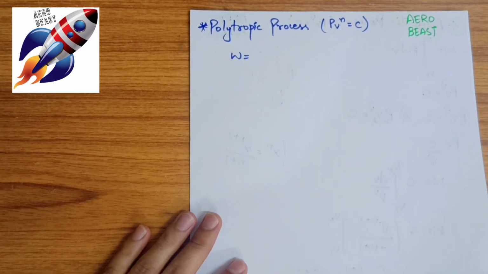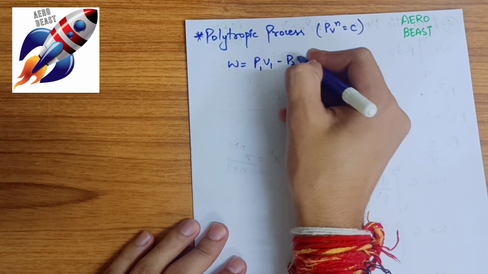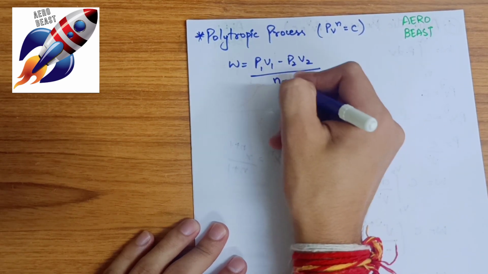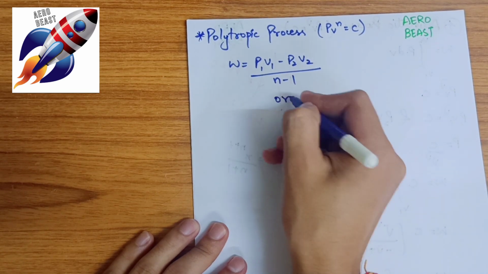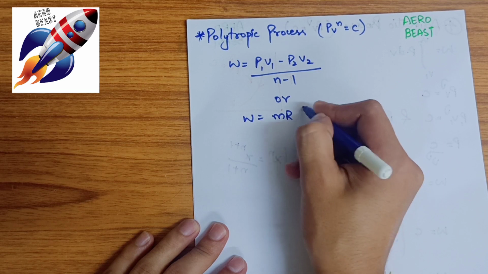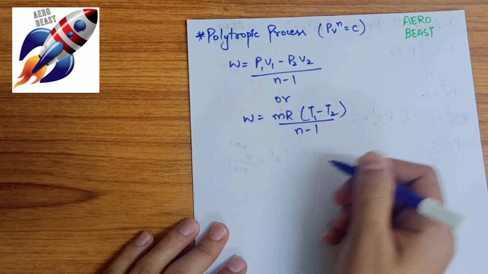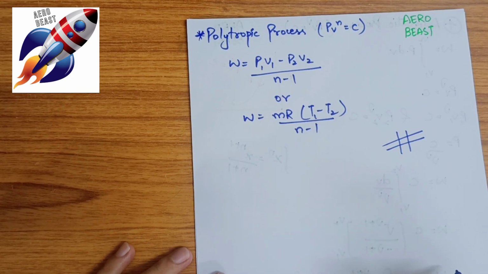So W is equal to (P1 V1 minus P2 V2) divided by (n minus 1), or W is equal to mR (T1 minus T2) divided by (n minus 1). These are the work equations for the various processes.